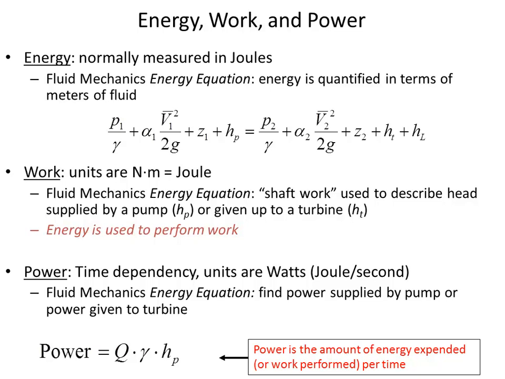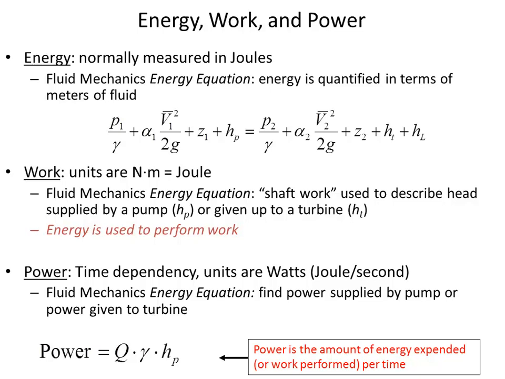Okay. Just a quick review of different terminology we use sometimes to talk about similar things. Energy: we've listed the energy equation here, measured in joules. It's the base unit for measuring energy. We often refer to energy, though, in terms of meters of fluid.